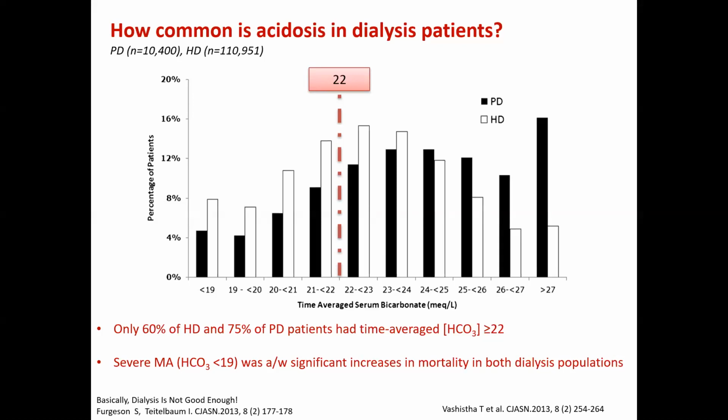What this study also found was that severe metabolic acidosis, meaning bicarbonate less than 19, was associated with significant increase in mortality in both dialysis populations. So again, I just want to caution you that this is an observational study. It cannot prove causation, but it's just hypothesis generating. We could hypothesize that metabolic acidosis is bad, and if it's severe, that could result in higher mortality in these dialysis patients.